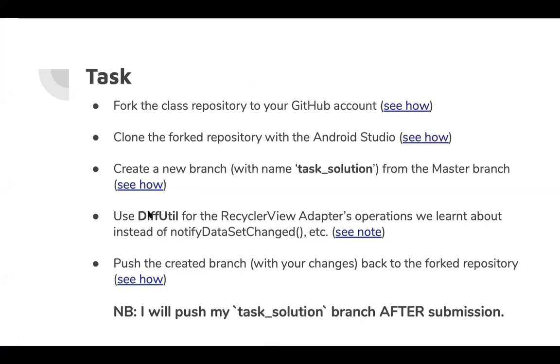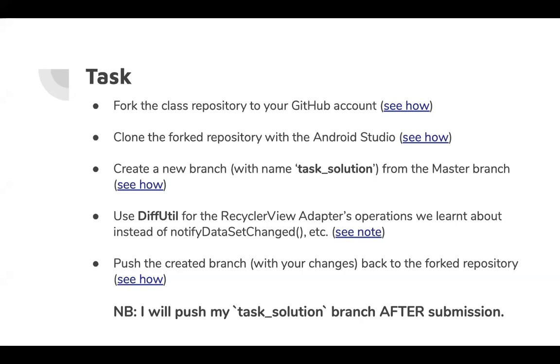Then the new way of handling those dataset changes is using DiffUtil. That is a new way of changing data, instead of calling notify dataset change, notify this, notify that, and so on. The new way of making a UI change once the dataset has changed is for you to use DiffUtil.